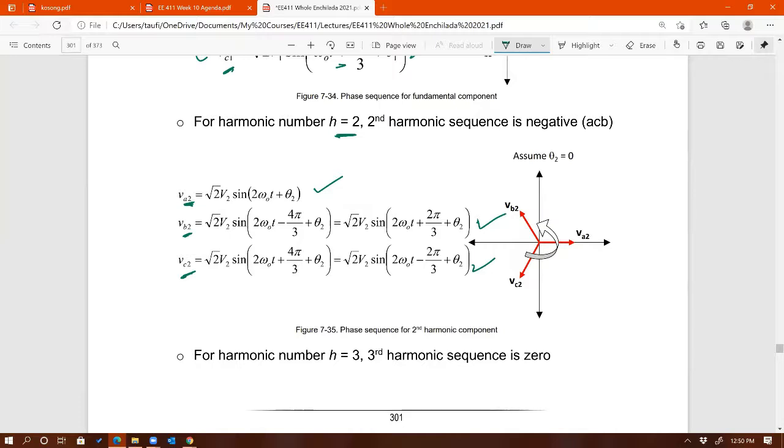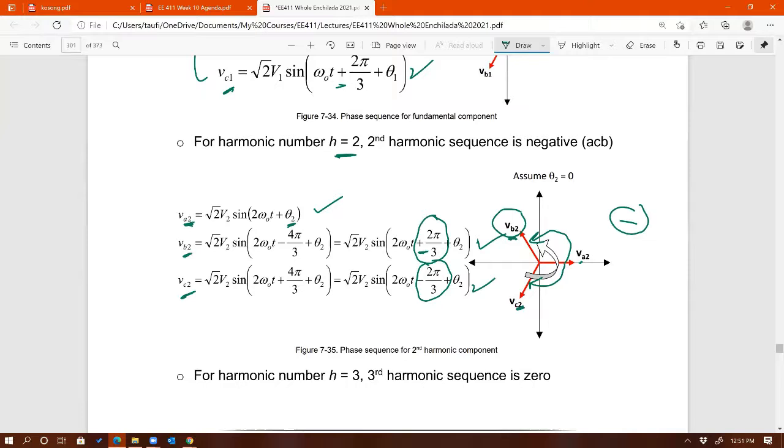But look at B. It's plus 2 pi over 3. Look at C. It's minus. So now I know that when you plug in h equal to 2, VB is going to be plus 120 with respect to A. So that's this right here. Plus 120 is that way. And C is minus 120 with respect to A. So that's this way. So now I know that the sequence will be A, C, B. So that's negative sequence.